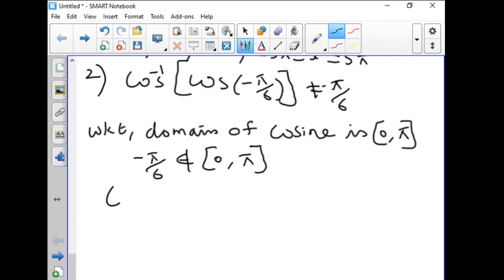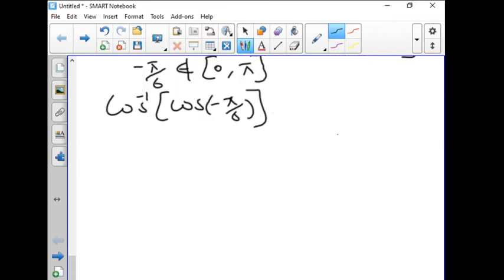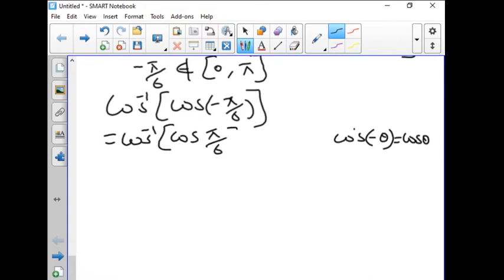Therefore, what about cos inverse of minus pi by 6? We know that cos of minus theta is equal to cos theta. Therefore, this is equal to cos inverse of cos pi by 6.